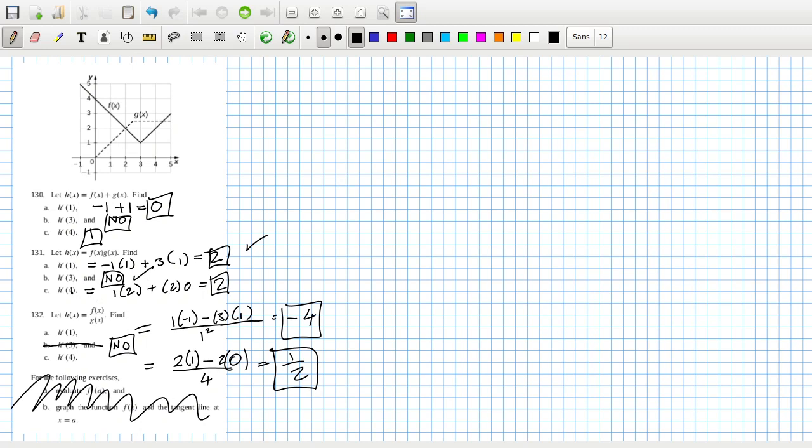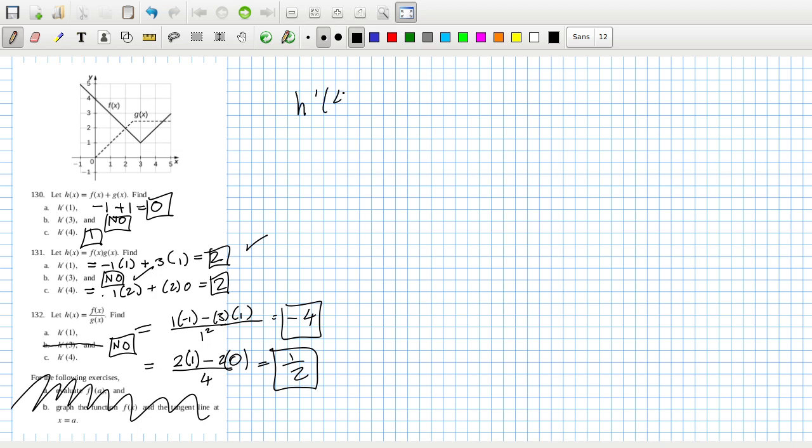So let's check that. H dash 4. Derivative of f, a minus 1, times, no, it's 1. Yeah. Times g of 4. Let's check this out.